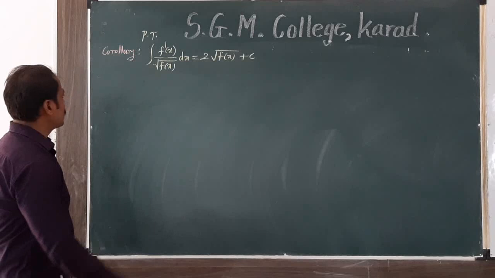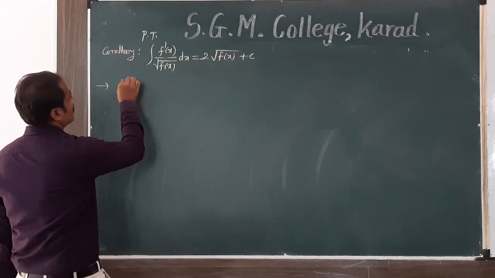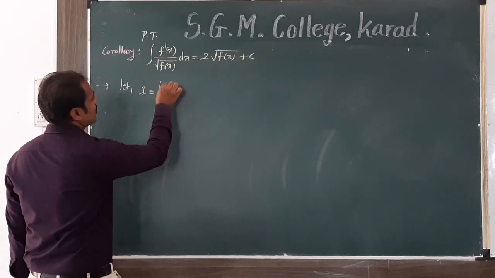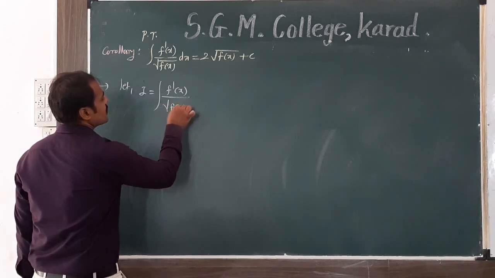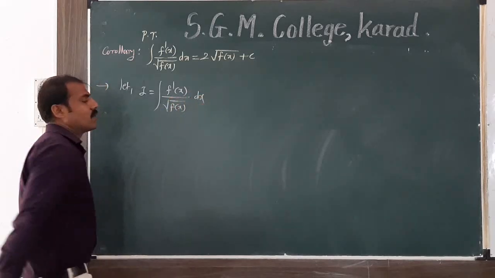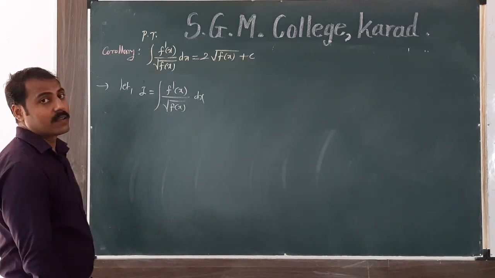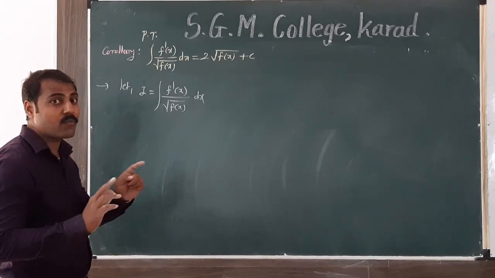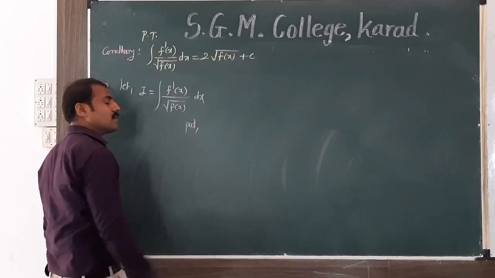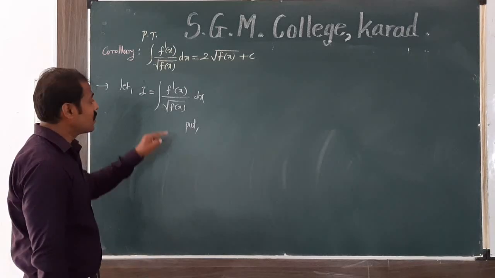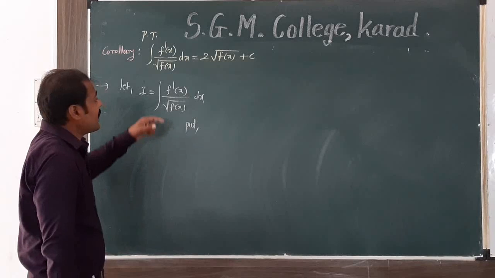So starting with the proof, let I is equal to integration of f dash of x divided by root of f of x. Now tell me whose derivative is there? Yes, derivative of f of x is f dash of x. So substitute for those functions whose derivative is inside the integration.